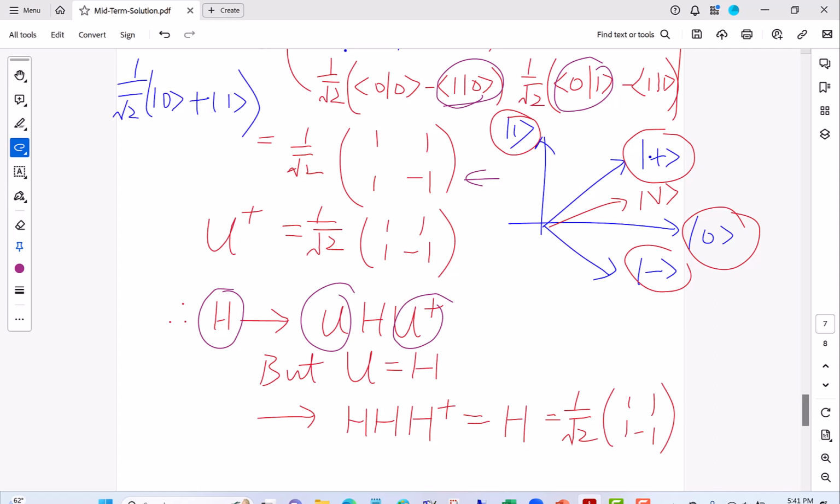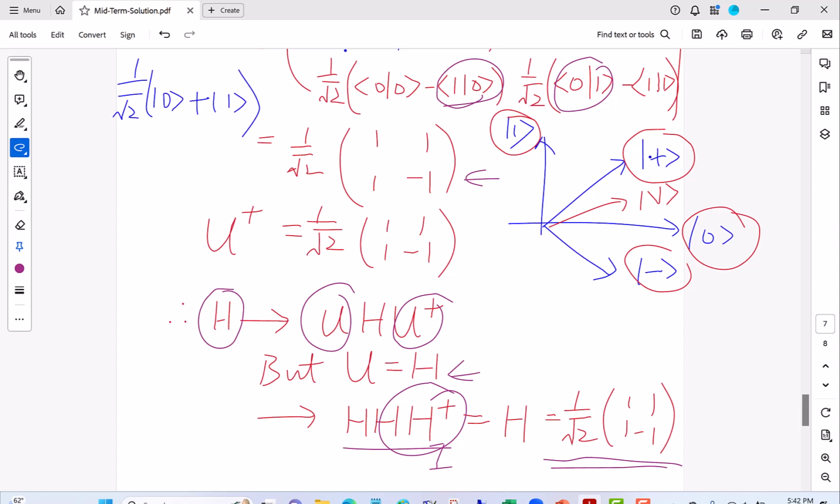You can go through the math, but now we realize that U is actually H. So what we are trying to calculate involves H dagger. But H times H dagger is what? Identity, right? If you don't remember, just do the matrix multiplication. So it's H itself.